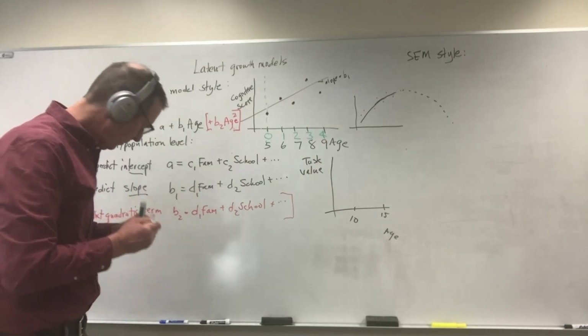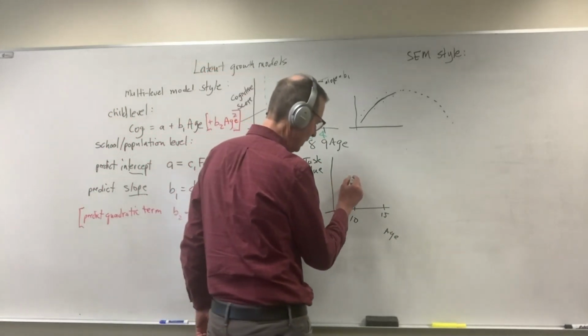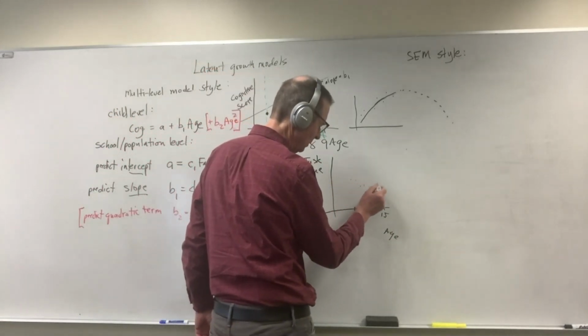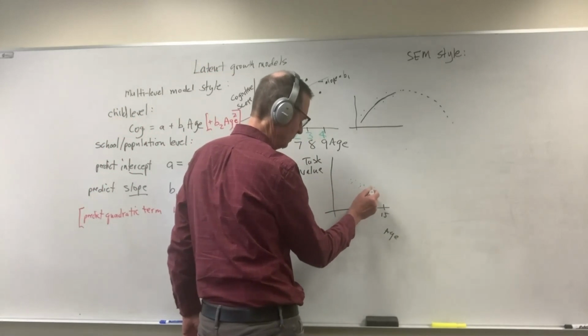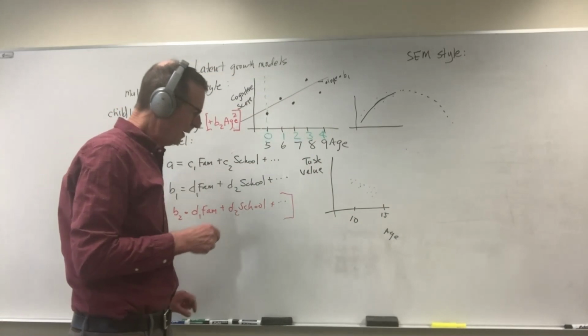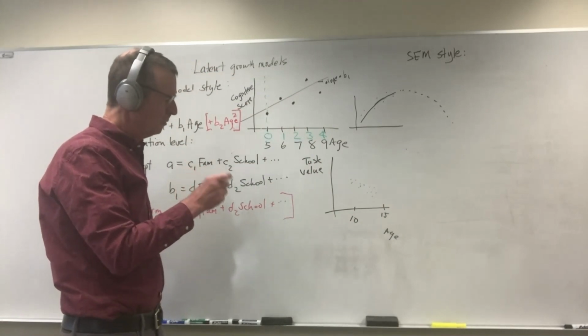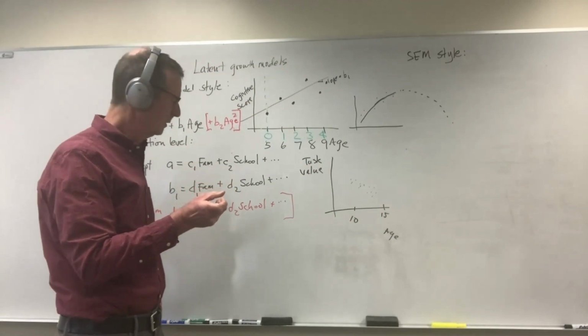And, you know, for the sample as a whole, you tended to get a declining task value, motivation declines. But remember when we tried to find the best fitting quadratic for, I think it was Hispanics versus non-Hispanics, right?